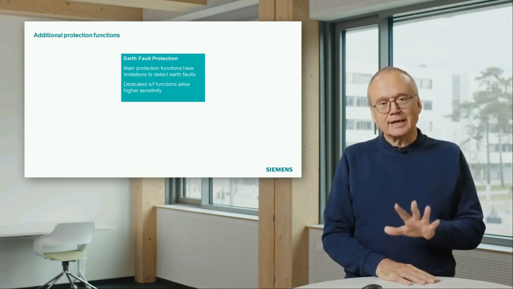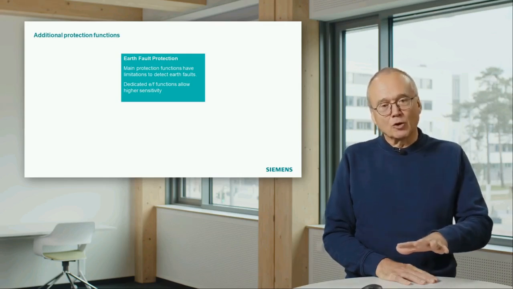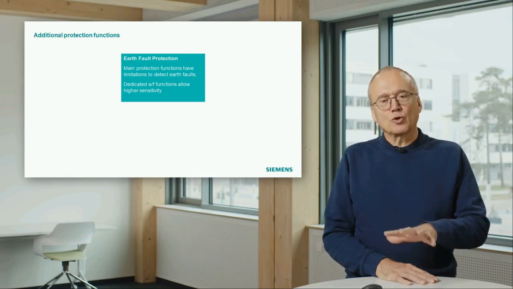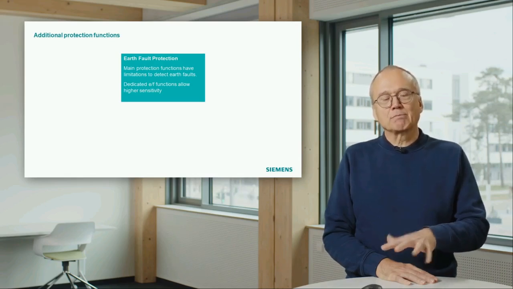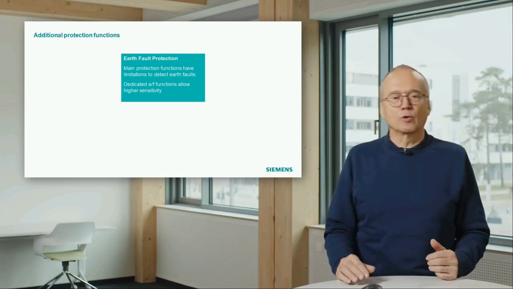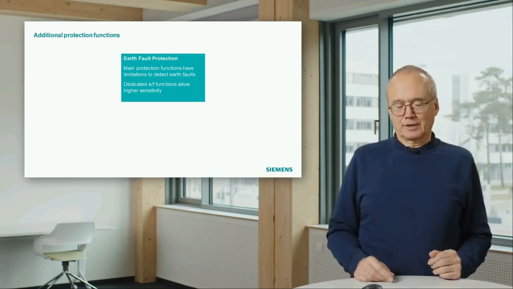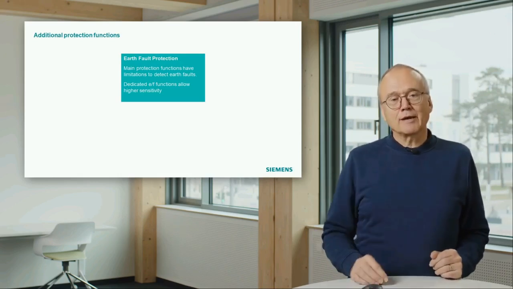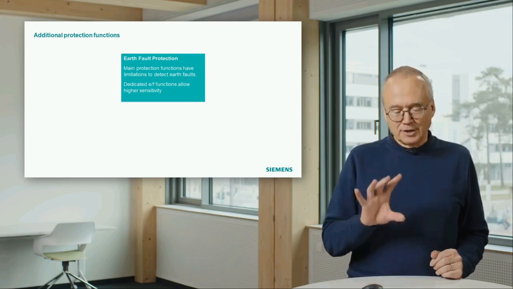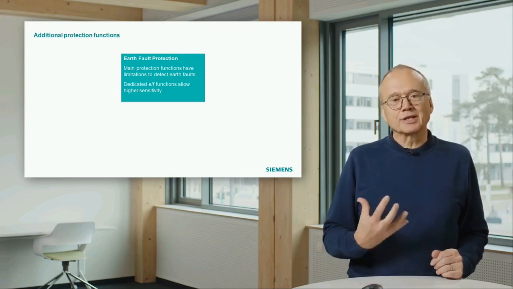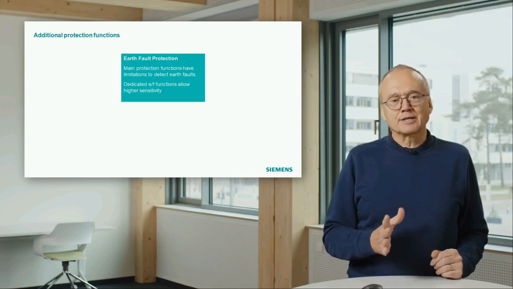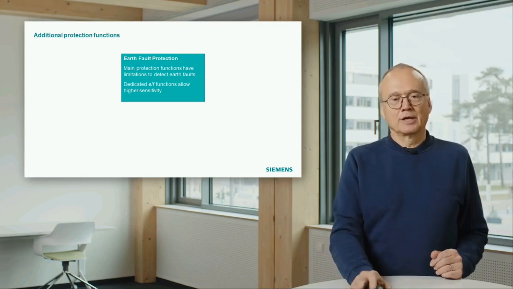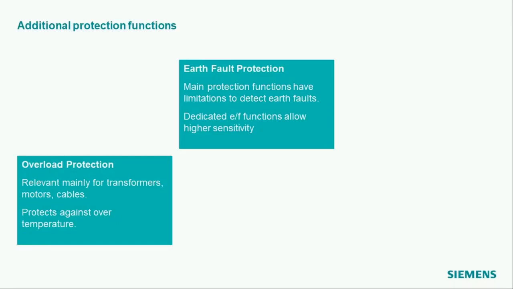The good thing here is in these systems we can continue operation because earth faults are no short circuits, but nevertheless we have to detect these faults and we need protection functions. For that, we will have a separate webinar on this topic. That means how to detect earth faults in systems where the star points are not effectively grounded.